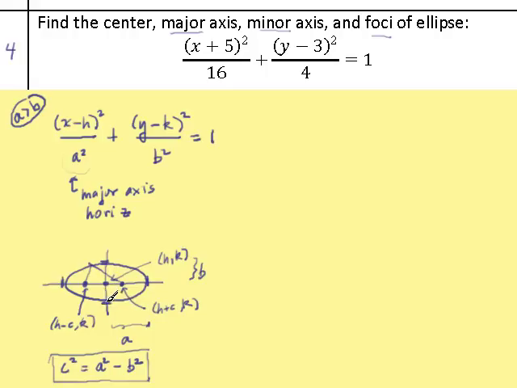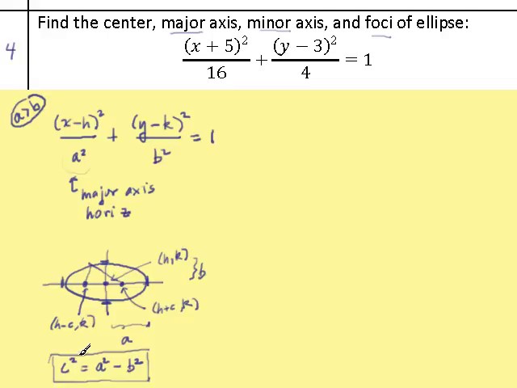It's from here to what we call a vertex of the ellipse, from the center to this rightmost point. And b, for a horizontal ellipse, is the distance from the center to the top.